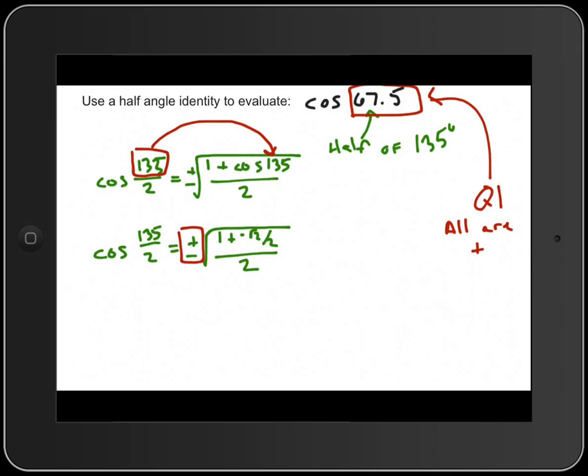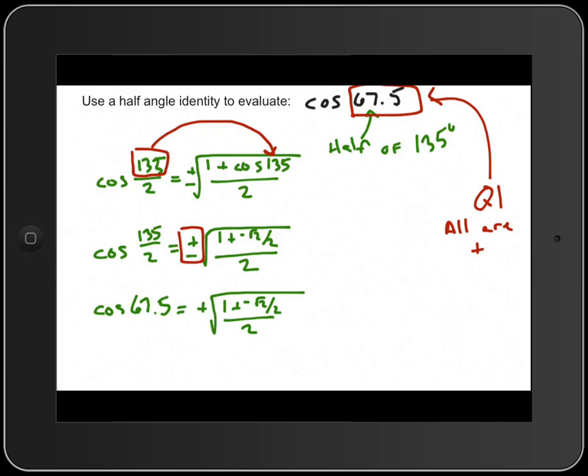So I'm going to choose the positive version for my final answer. So the final answer is that the cosine of 67.5 is equal to the positive square root of 1 plus a negative root 2 over 2 all over 2. And some of you are asking, well, could I just write this as 1 minus, and that would be okay. All right, and there are some more simplification steps you can take, but I'm not going to make you do that.